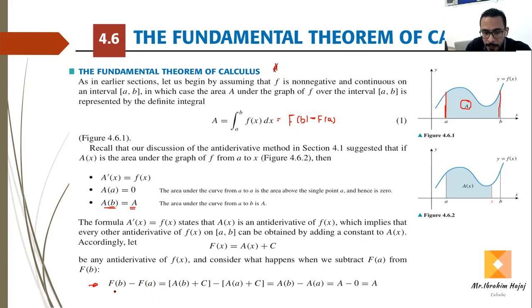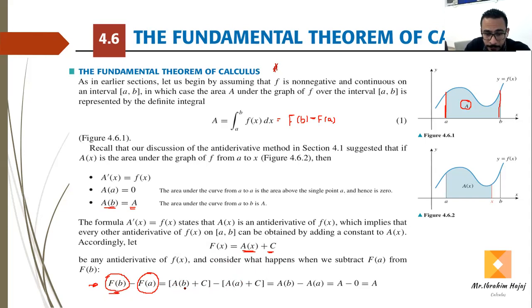Because we can say that F of b equals A of b plus c, and minus F of a. And we know that this uppercase F is equal to Ax plus c from the indefinite integral, and it gives you the area under the curve plus a constant.